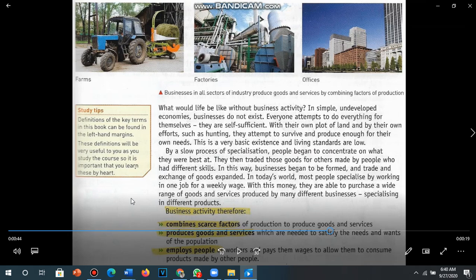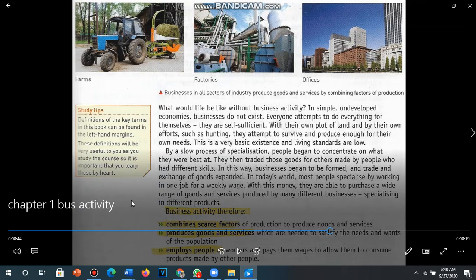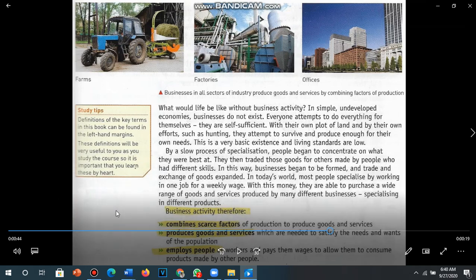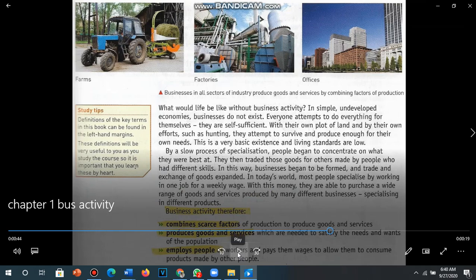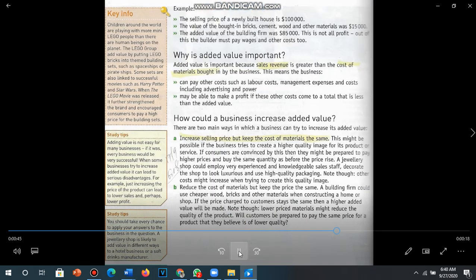With this money, they are able to purchase a wide range of goods and services produced by many different businesses specializing in different products. Therefore, business activity 1 combines the scarce factors, 2 produces goods and services, and 3 employs people. Okay, so we read on the definition for each of these.